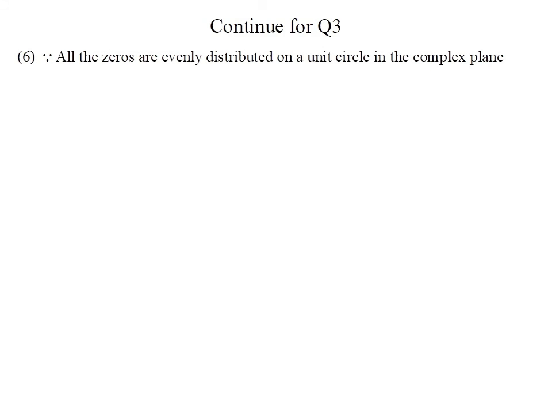Here we continue with question 6 of example 3. In order to find out the value range of k, which equals x minus y, since we know all the zeros of the polynomial pz are evenly distributed on a unit circle in the complex plane, we have simultaneous equations such as k equals x minus y and x squared plus y squared equals 1.